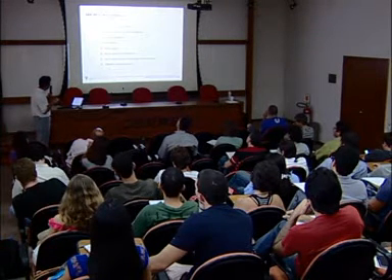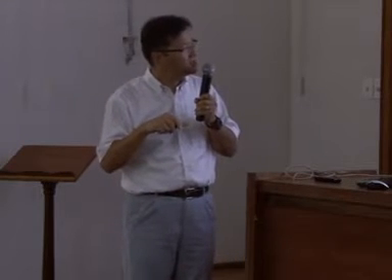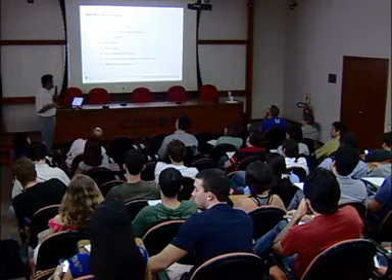Okay. And also packaging and material characterization and cell particle handling. Also, this area is coupled with BioMEMS, and then NEMS is nanoscale electromechanical systems, but none of the products has been shown yet. Okay.